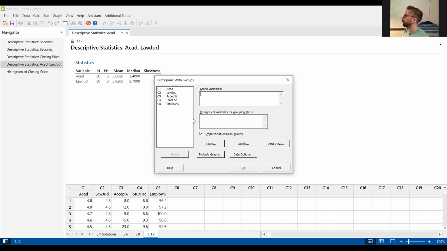Read through it here: mean and median scores. So let's just choose both of these as graph variables. There are no really categorical variables here, so I'll choose both of them. Let's see what we end up with. I'm curious.